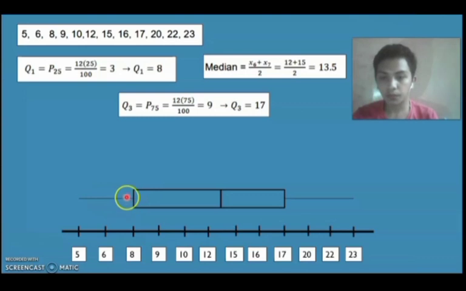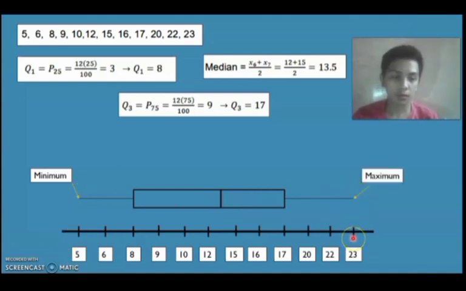This is the P25, which is quartile 1. This is quartile 3, the P75, and this is the median. This is the minimum, which is the first value, 5, and the maximum with the value of 23.